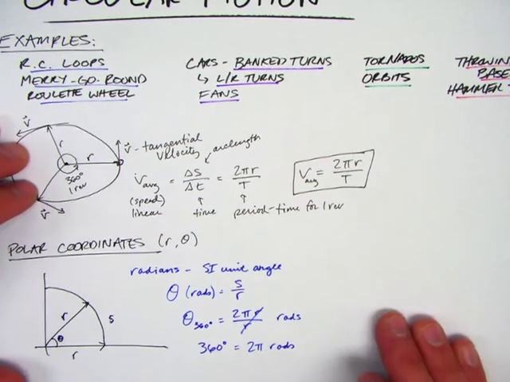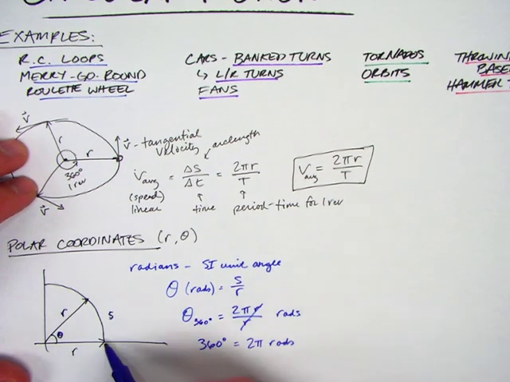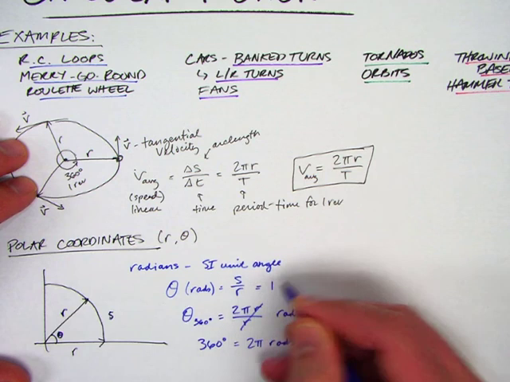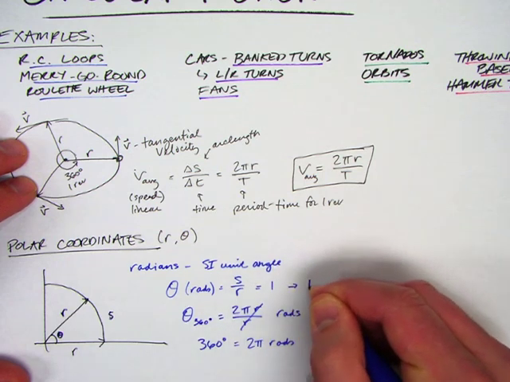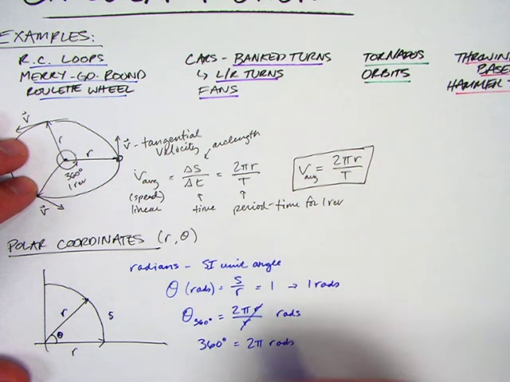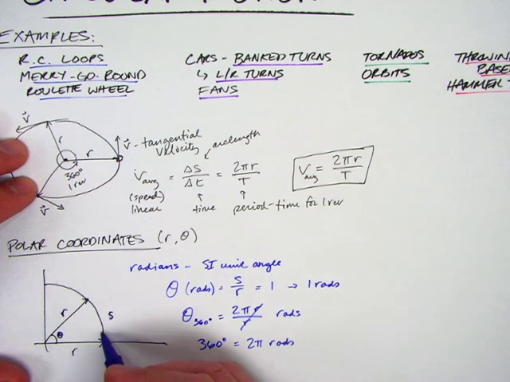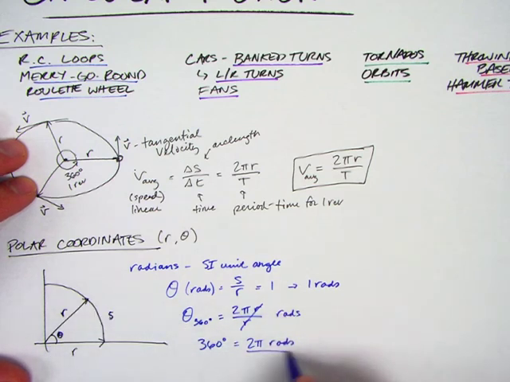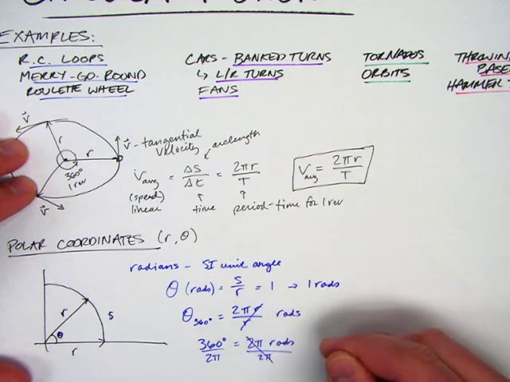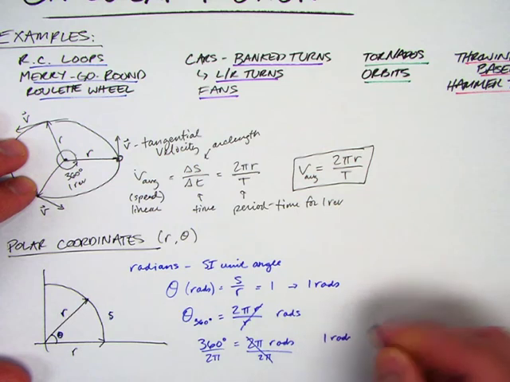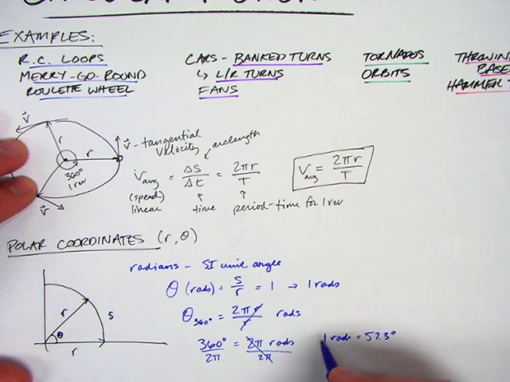Well, what about 1 radian? What's 1 radian? Well, 1 radian is when s over r equals 1, right? Then I've rotated 1 radian. Well, at what angle in degrees do I rotate where s and r are the same? Well, I can find that from this ratio. If I divide both sides by 2 pi, right, I get that 1 radian is 360 degrees divided by 2 pi, or 57.3 degrees.